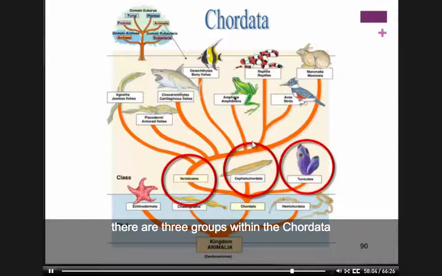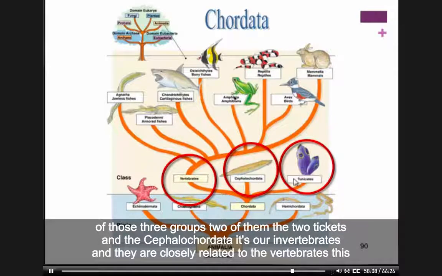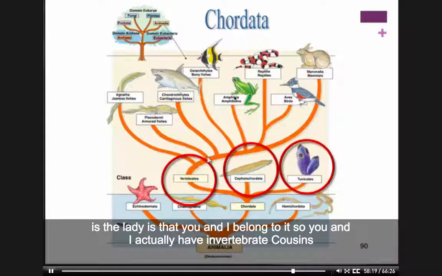There are 3 groups within the Chordata. Of those 3 groups, 2 of them, the tunicates and the cephalochordates, are invertebrates. And they are closely related to the vertebrates. This is the lineage that you and I belong to. So you and I actually have invertebrate cousins.